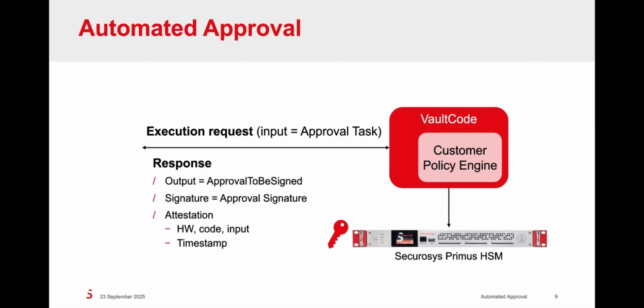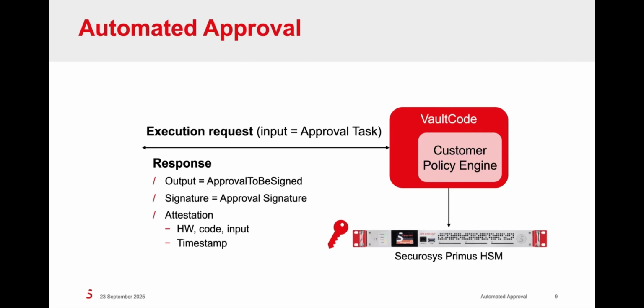Then it will sign the output. So the output of the execution has to be the approval to be signed. The Vault code then signs the output, which then is the approval signature, which is then verified within the HSM when it does the signing request, and it verifies if the SCAR policy is fulfilled.